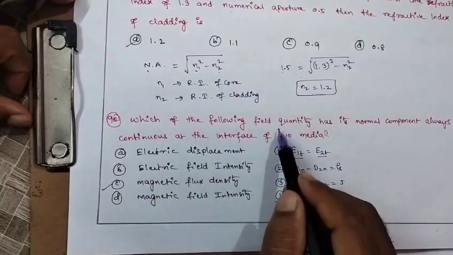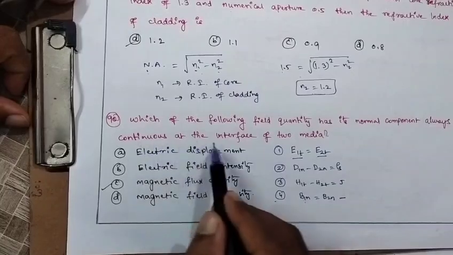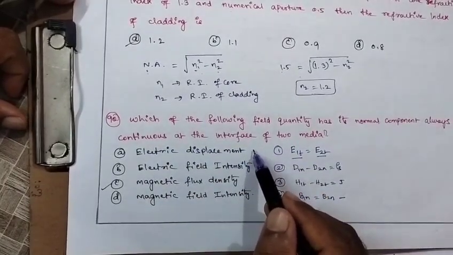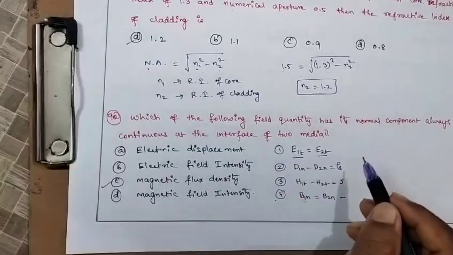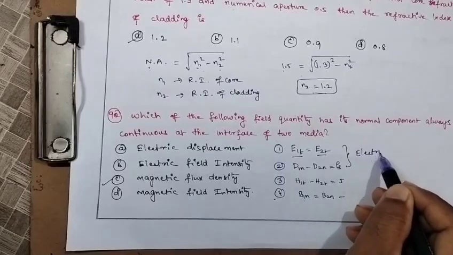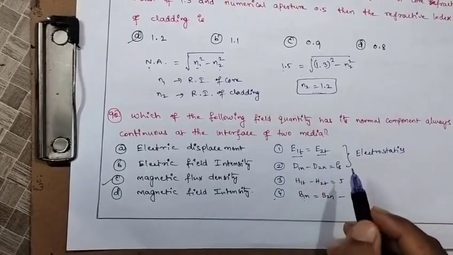Which of the following field quantity has its normal component always continuous at the interface of two media? See, the question is on the boundary conditions. So what are the boundary conditions in electrostatics? First is E1t is equal to E2t.